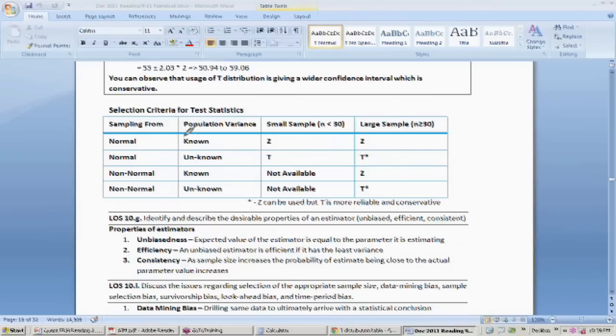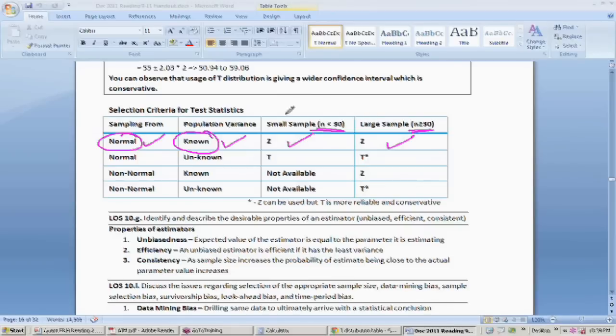If the underlying distribution is a normal distribution and you know the population variance, it doesn't matter whether the sample size is small or big, you can use Z. As per the central limit theorem, we said that for Z the sample size should be greater than 30.